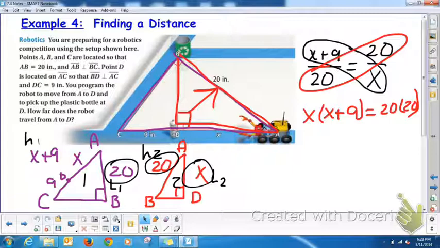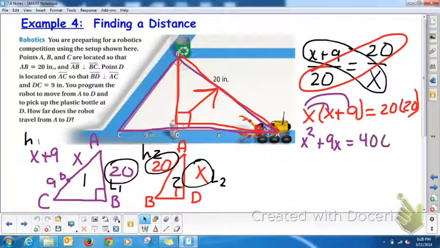So I'm going to get x times x is x squared. x times 9 is 9x, is equal to 20 times 20 equals 400. This is an equation because it's got an equal sign in it, and it's got an exponent raised to the power of 2. So it's a quadratic. You use the zero product property to solve a quadratic. x squared plus 9x minus 400 equals 0.